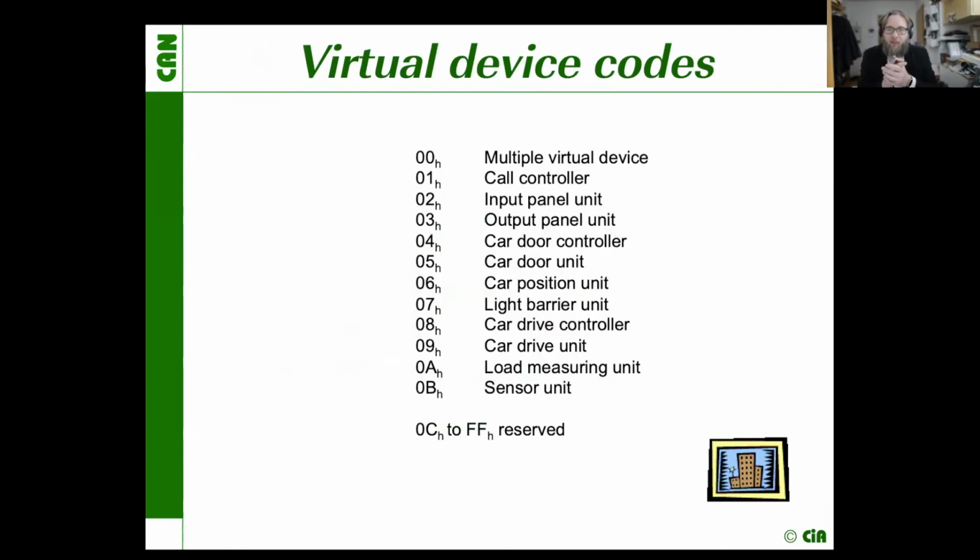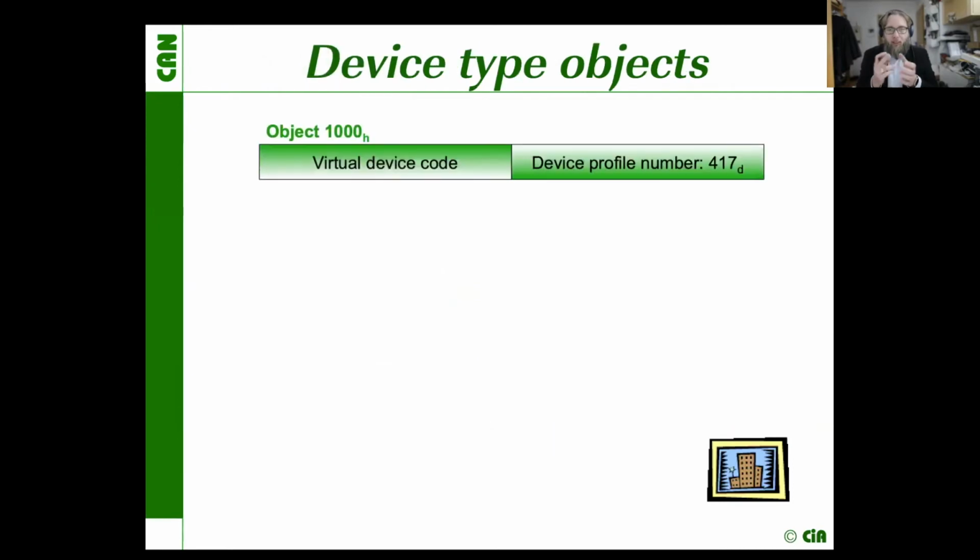All those virtual devices have received certain numbers. Of course, we use those numbers technically to identify those devices. I said we have specified object 1000.